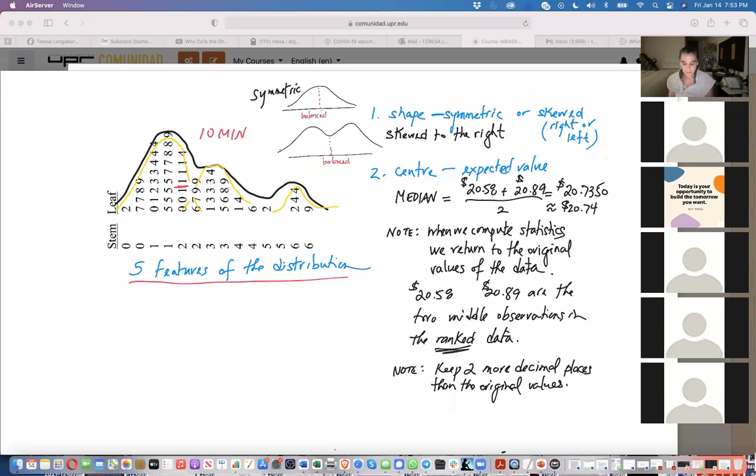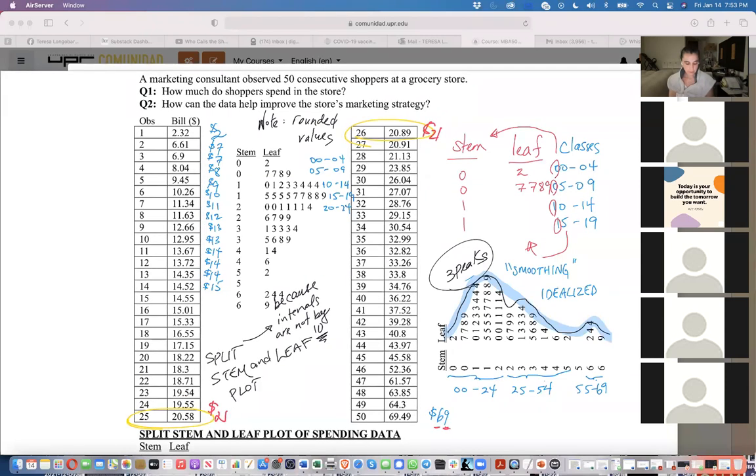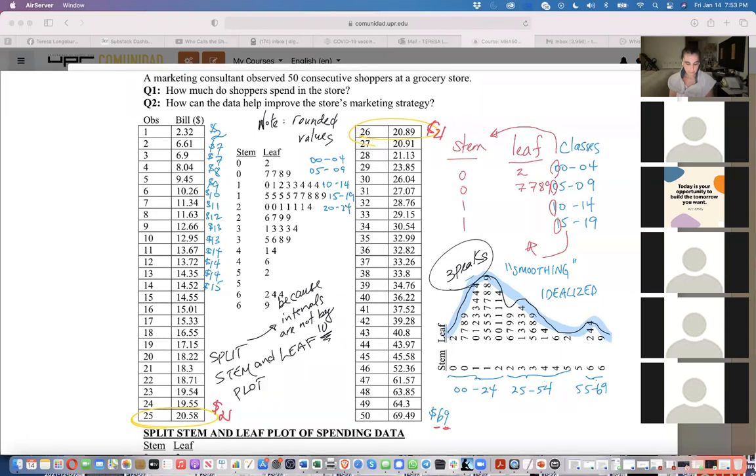Now the mean, let's calculate the mean just to compare, because often data sets will give you both. If you use software, you'll get both. What is the mean of this data? I'd have to go to the original data. You have to add these all up and divide by 50.